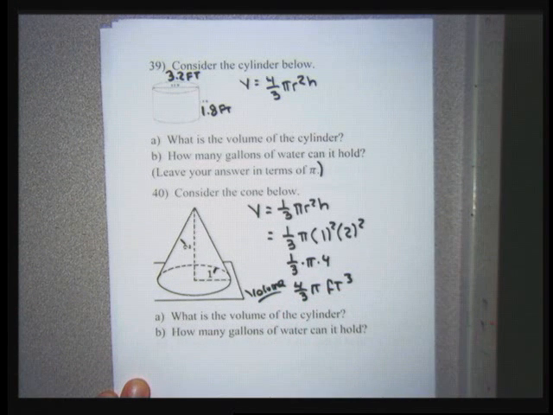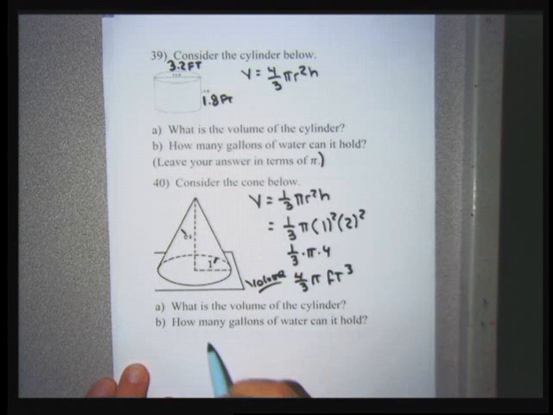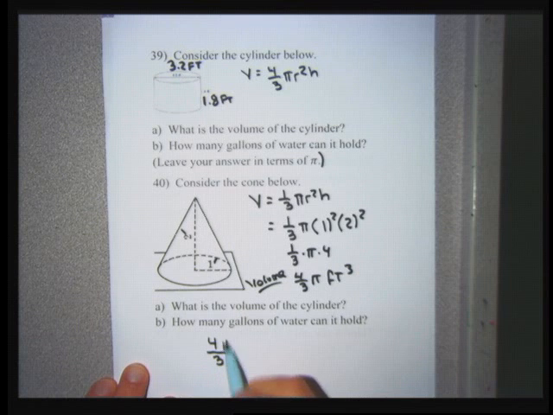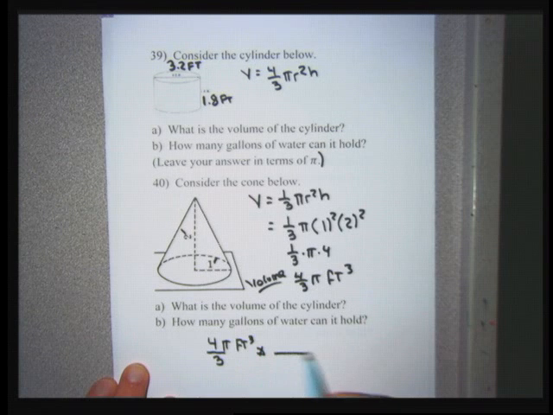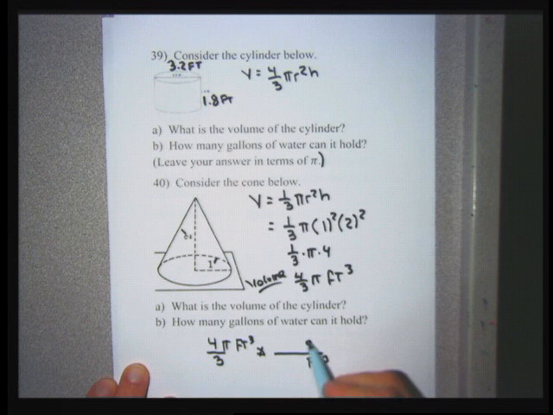Now I'm going to convert that to gallons, and I'm going to leave my answers in terms of pi. So I'm going to start off with 4/3 pi cubic feet, and I'm going to multiply by the unit. In the denominator, I want to get rid of cubic feet. In the numerator, I want to end up in gallons.